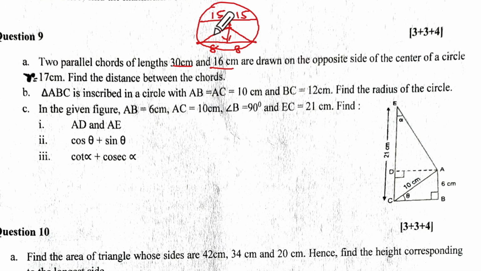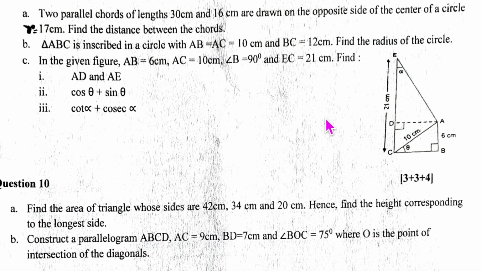Radius is 17. So this distance will become 15. And if I take this one over here, this one will become 8. So the distance between the two will be 15 plus 8, 23. I have told you this question likes to come in the exam and I'm right. See, it came in their finals. Is it not so?